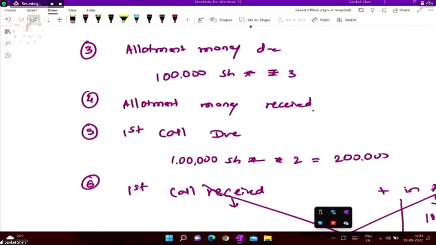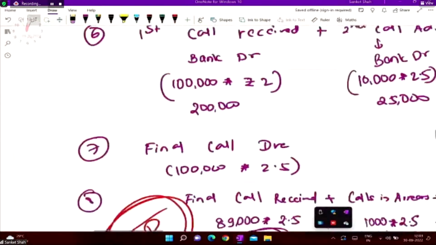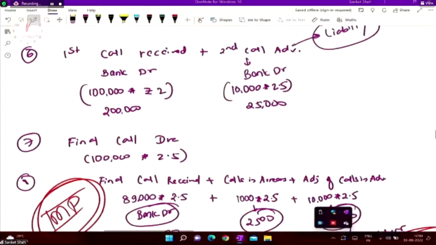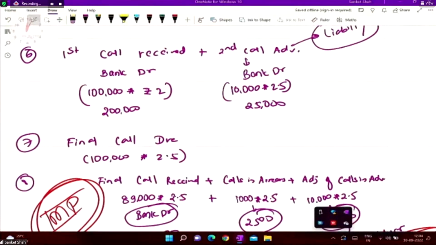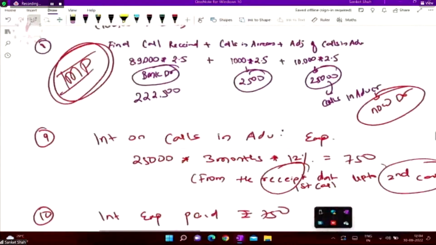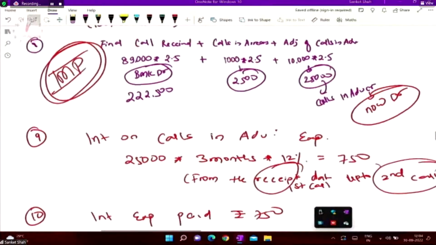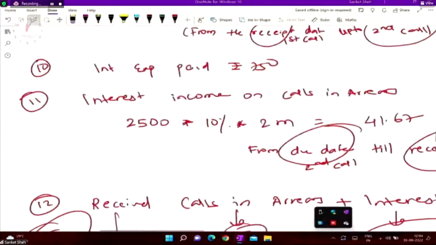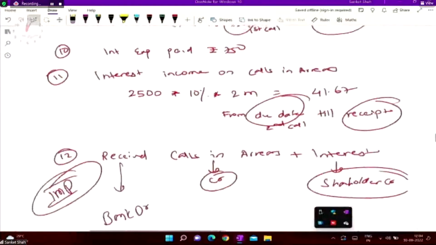Okay. I made a mistake in 6, then I rectified it. 6, 7. Then beta 8, 9, 10. 10, 11, 12.